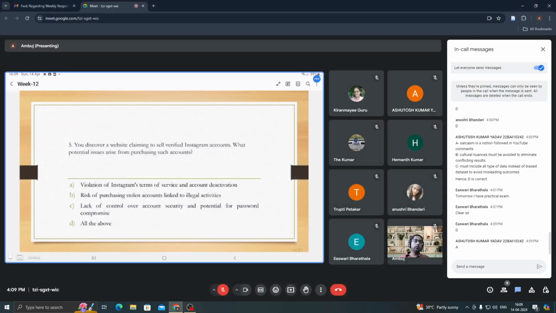Do try to answer this question. Easy question, I think. Option D. Option A. Great. The potential issue which is arising is A, according to Ashutosh. No problem.